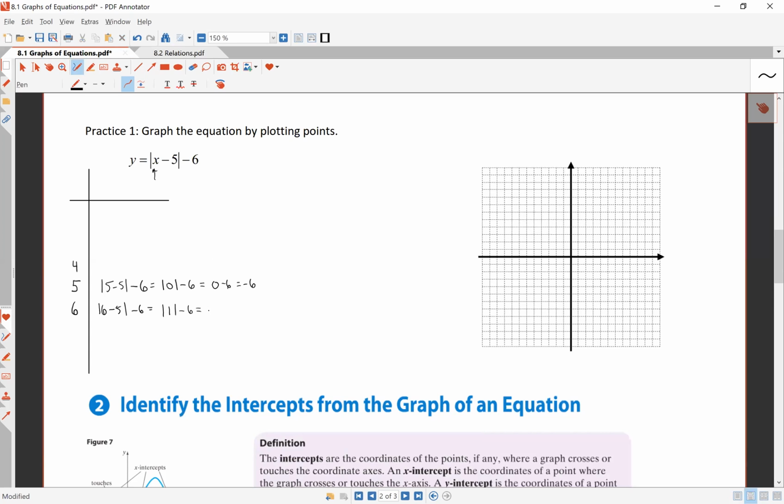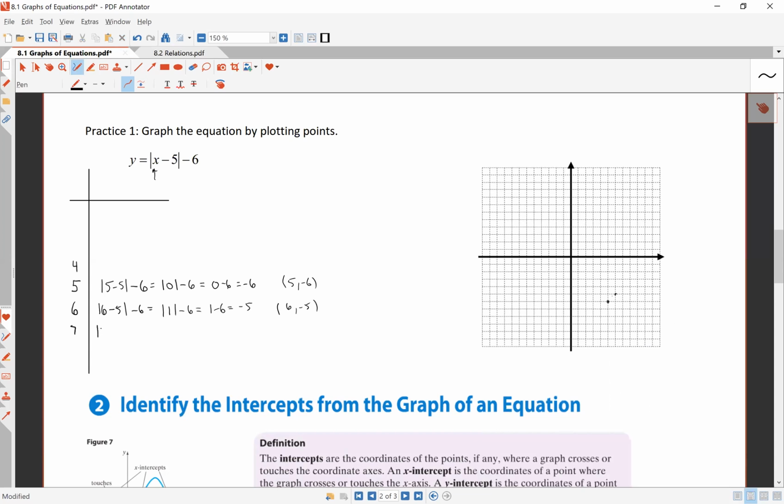The absolute value of 1 is 1. Take away 6 is negative 5. So (5, negative 6) and (6, negative 5).